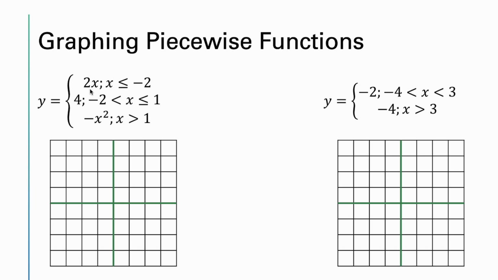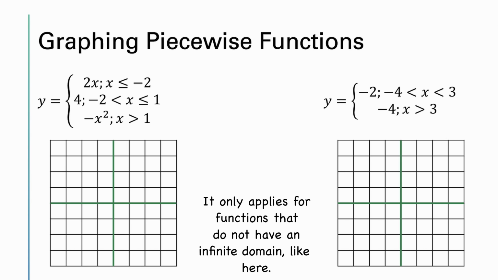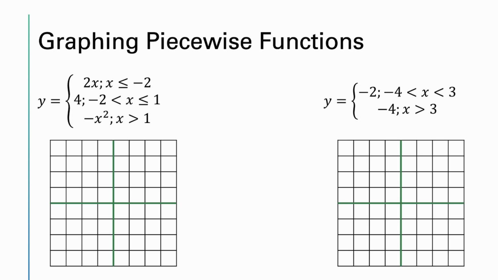So whenever you have a rule that you want to graph on the coordinate plane, you have to take the minimum or maximum values and plug them into the rule so that you'll get your starting or ending points. So let's do that.